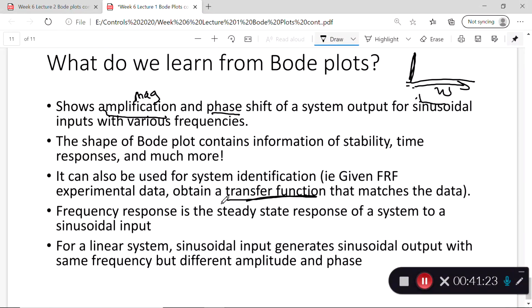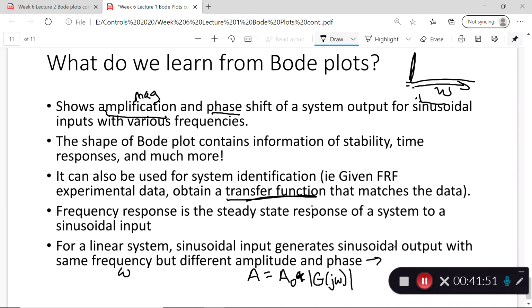Frequency response is, again, our steady state response to a system with a sinusoidal input. So you're not looking at what happened transiently, it's really in time, what is this going to keep doing? And for a linear system, our sinusoidal input will always generate a sinusoidal output with the same frequency. Frequency omega doesn't change, but my amplitude changes by now being my initial amplitude times the magnitude of my transfer function.